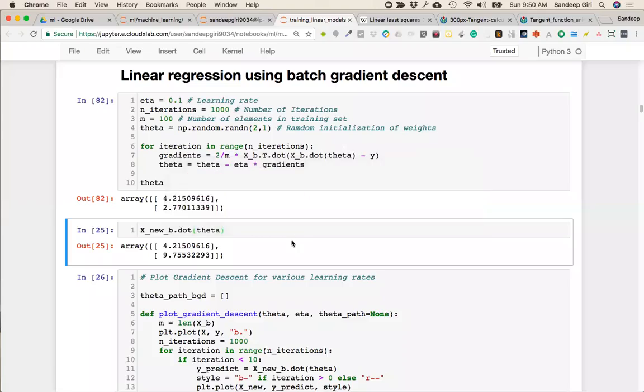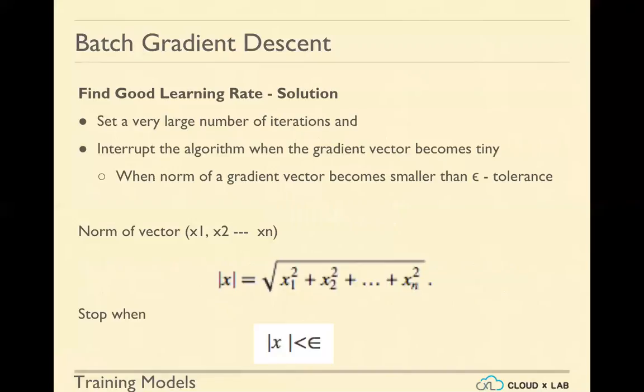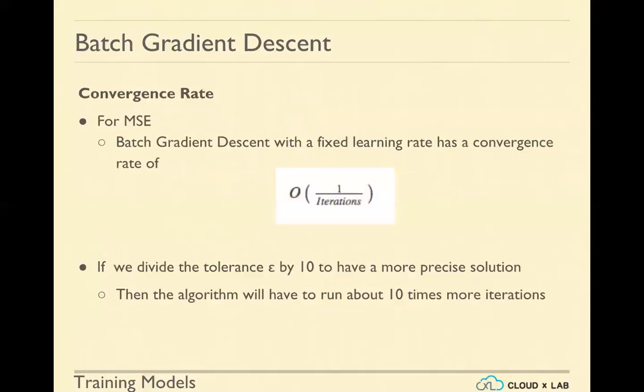So we start with a huge number of iterations, and when the gradient vector, the slopes, become lesser than a particular tolerance, then we would stop, or interrupt the algorithm. If we decrease this tolerance by say 10 times, the number of iterations will become 10 times.